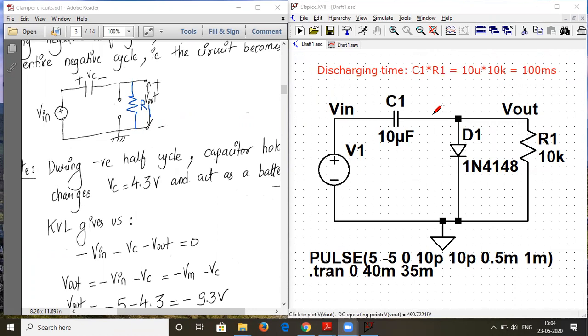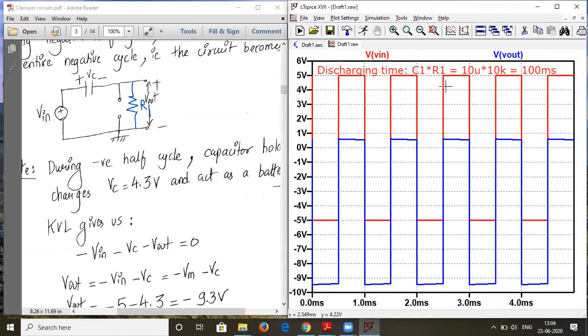So what is the advantage of this? Let me go back to the waveform. Since the discharging time is around 100 milliseconds and here the period is around 1 millisecond, the capacitor voltage will discharge completely only after 100 milliseconds. So it's a long time to go. As you can see, there is a slight drop.